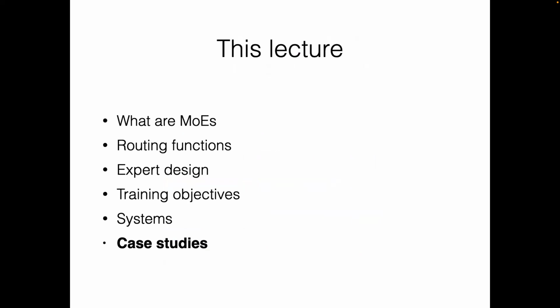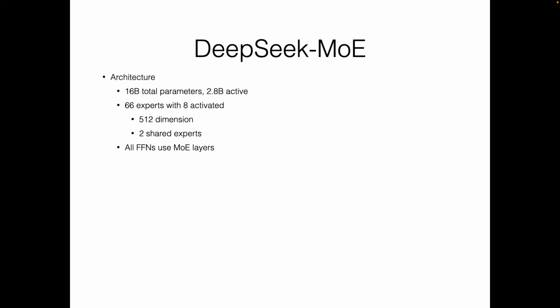Okay, and then just to review everything, we can go back and look at two of the models that I've been talking about throughout the lecture. The first is the DeepSeek mixture of experts model, which came out in 2024. They did a bunch of experiments with a smaller model, and then a final run with the larger one.